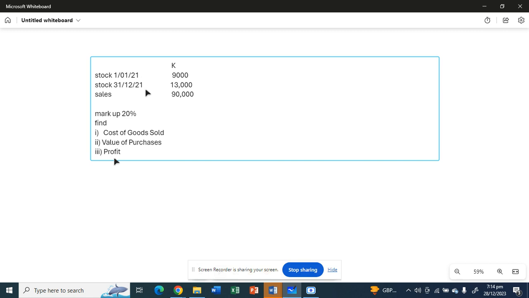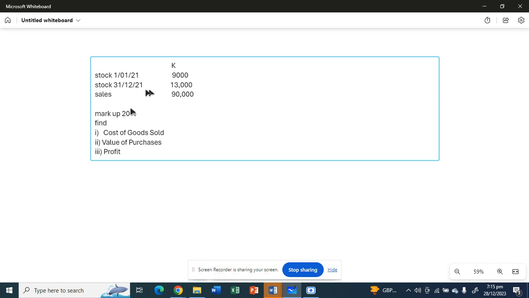So, first things first, we need to remember the format of a trading account because all of this information is based on a trading account. This is like a puzzle, and we're going to put the pieces together so that we can eventually get our profit. Now, we've been given a markup. Markup deals with cost price. Here we've got sales, and margin deals with selling price, and on a wider scale, it deals with sales.